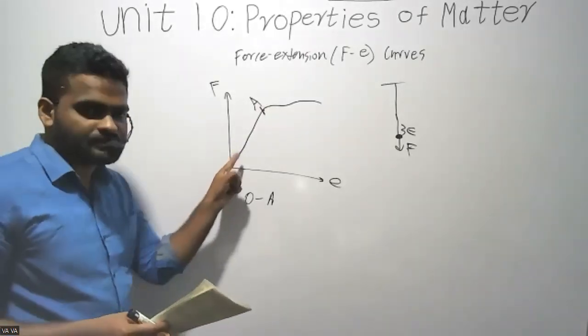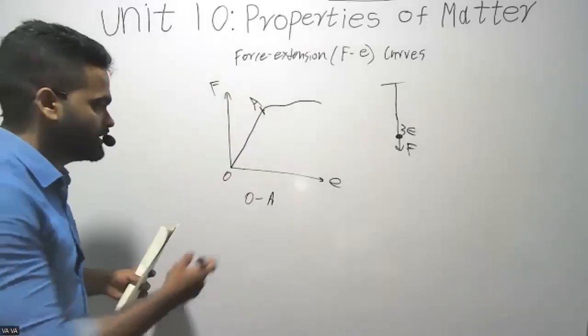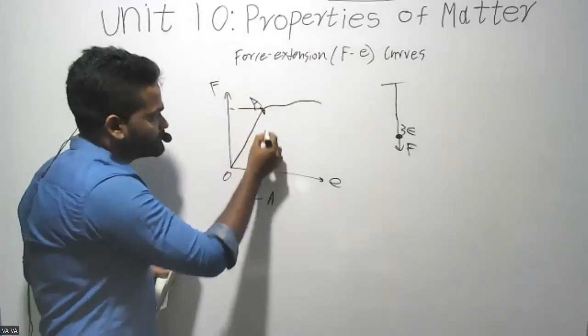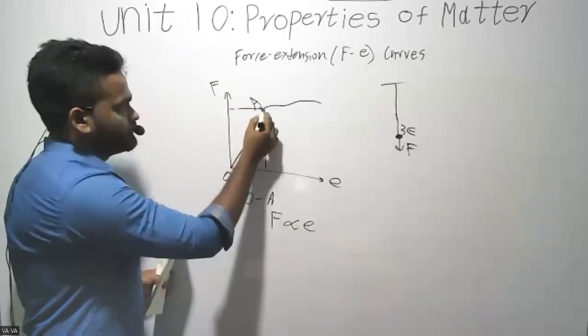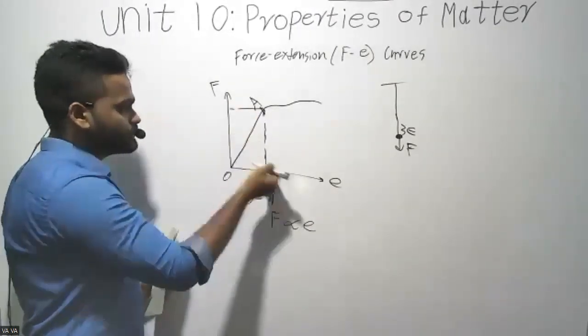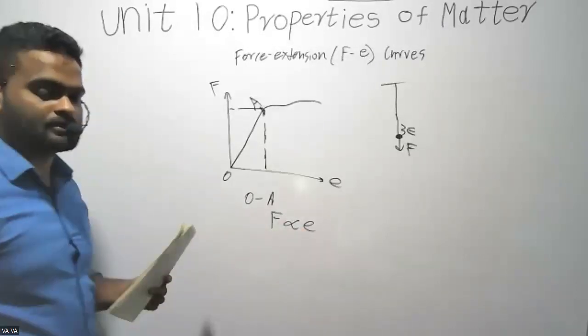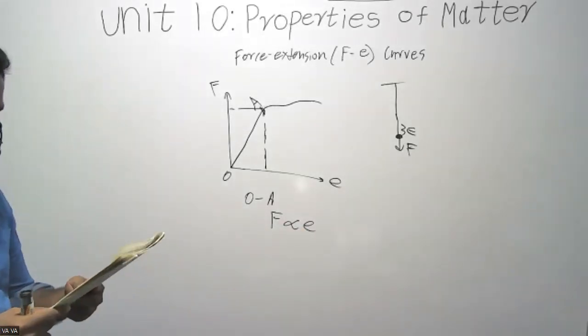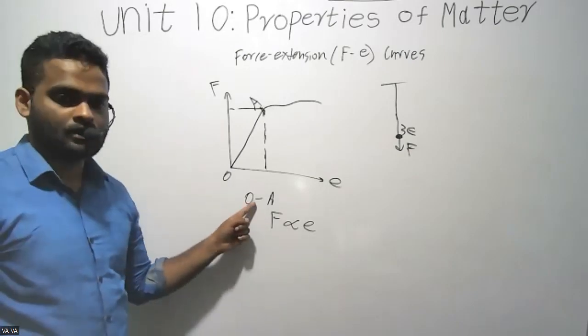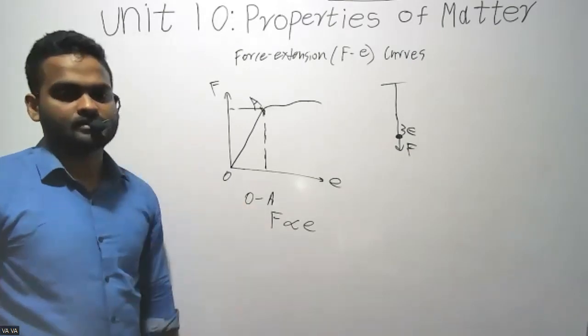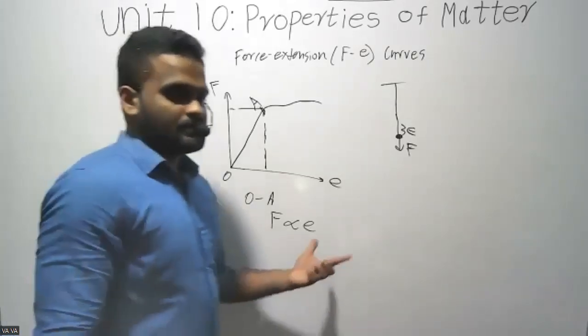So what happens if it is linear? If it is linear, we can say force is proportional to extension. Write this one. Force is proportional to extension. Okay, you are familiar with this one.